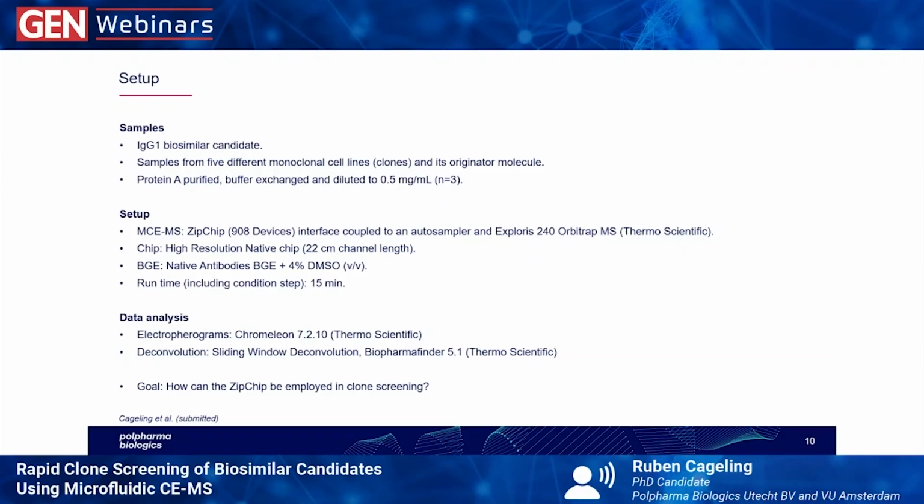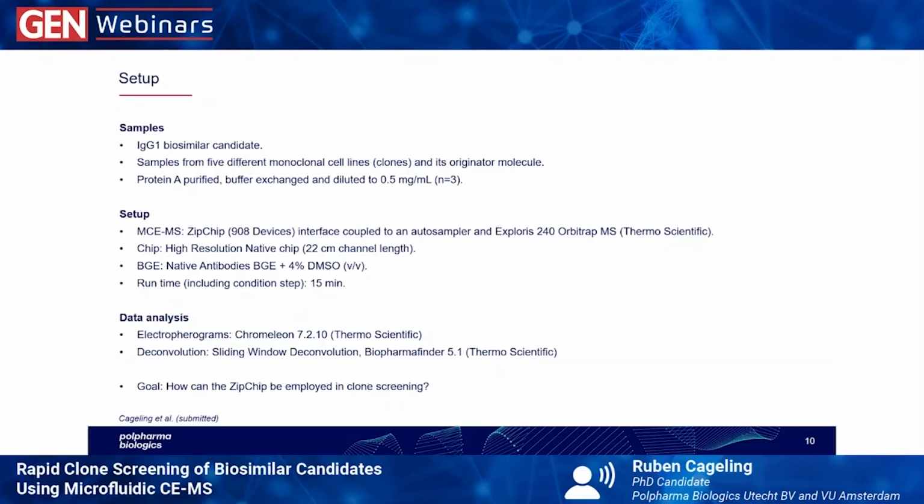The runtime of each sample, including the conditioning step, was 50 minutes in total. For data analysis, we used Chromeleon for the electrophoresis and sliding window deconvolution in BioPharma Finder to assess the mass spectra.